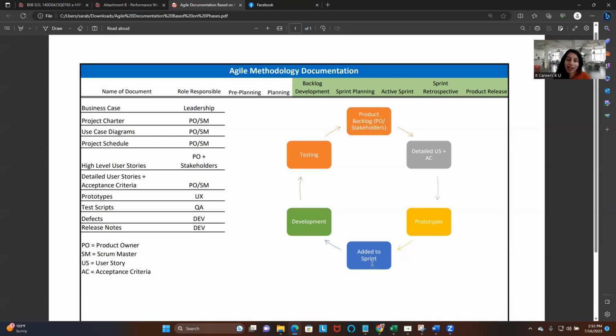Those things are then added to the sprint when they're ready. We have development, our programmers develop from our user stories. We do testing, and then the process continues over and over again until we have implemented all of our key or high priority functionalities and features.